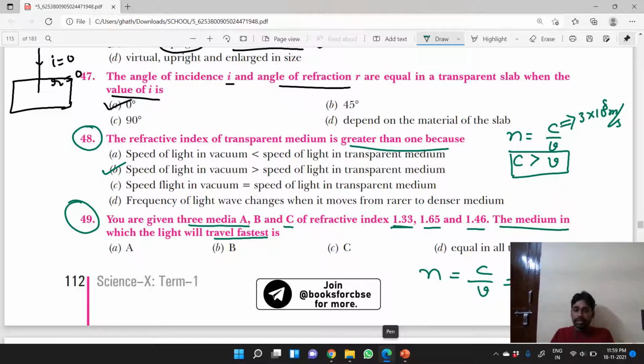You can say that n is inversely proportional to v. For faster speed v, the refractive index should be less. The least refractive index is 1.33, which belongs to the medium A. So the answer is A.